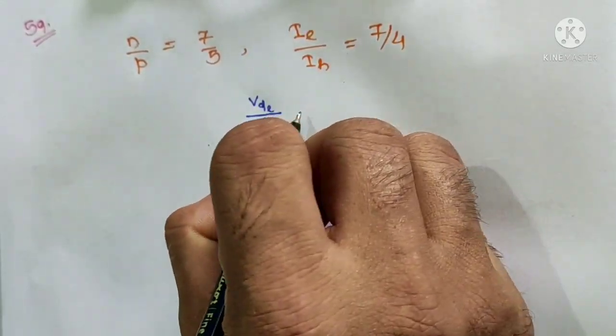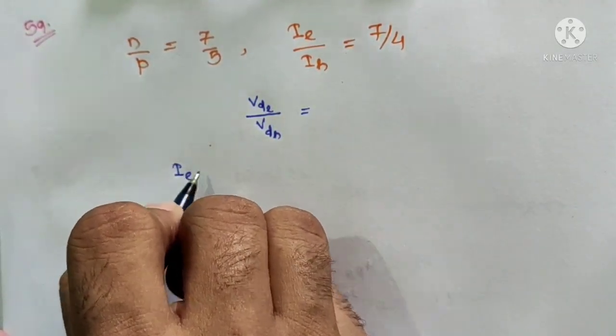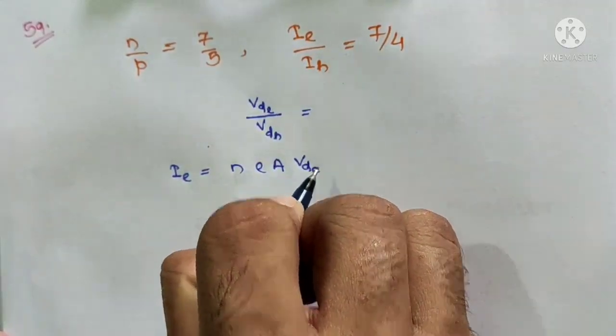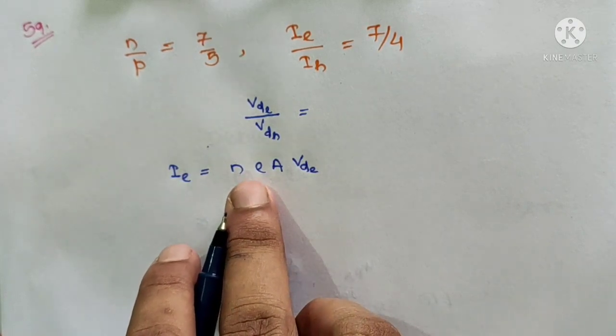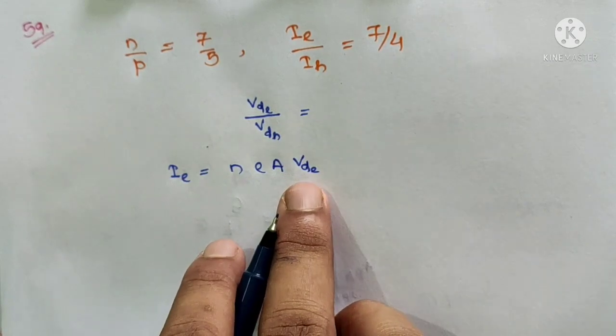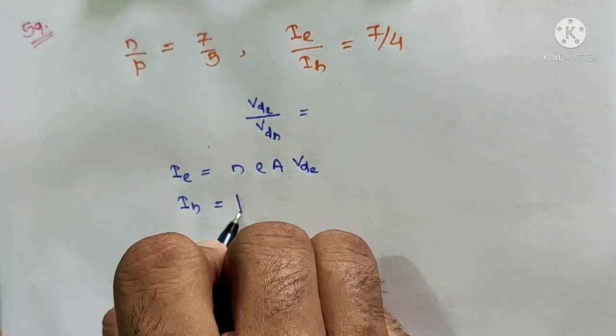In semiconductor we know that current due to electron is given by N E A Vd, where N is the concentration of electron, E is the electronic charge, A is the surface area of the semiconductor, Vd is the drift velocity of the electron. Similarly current due to hole is given by P E A Vd.